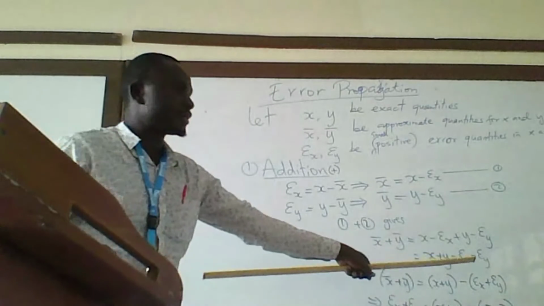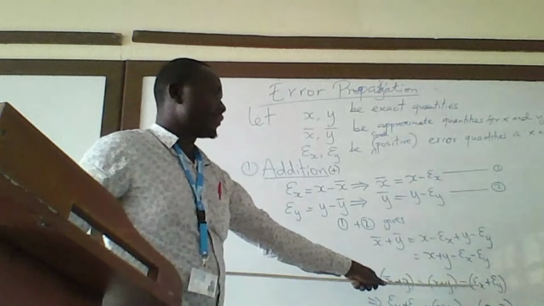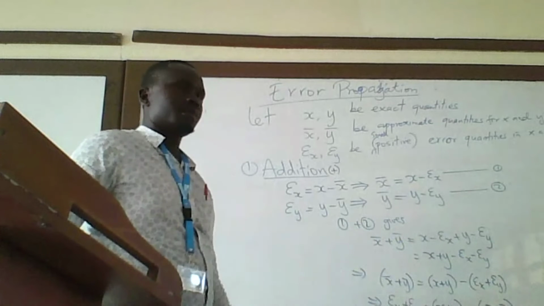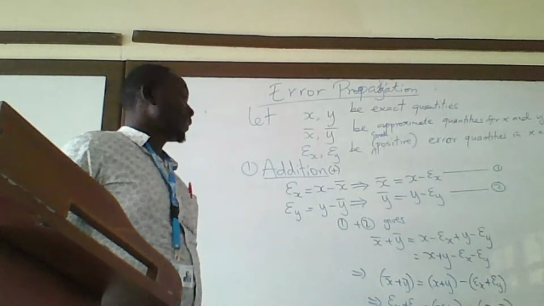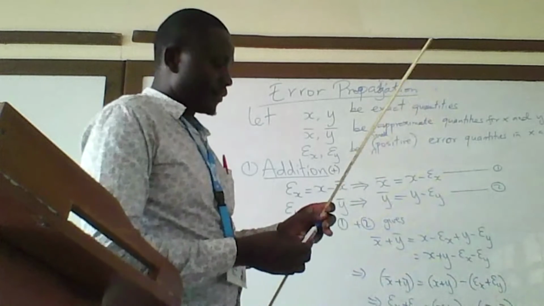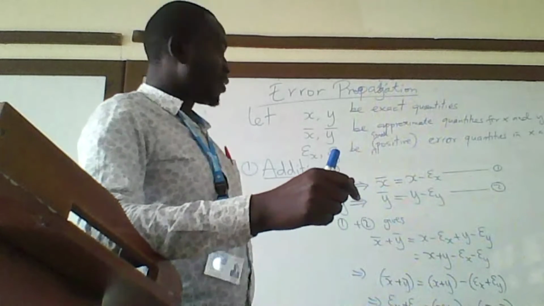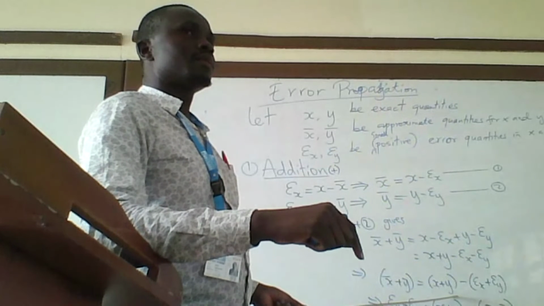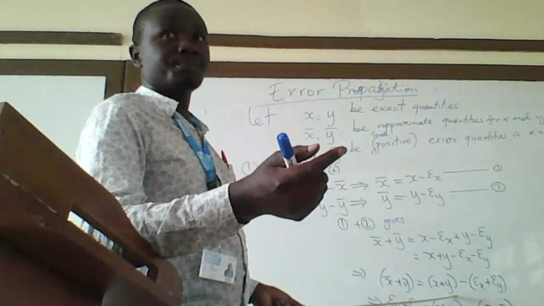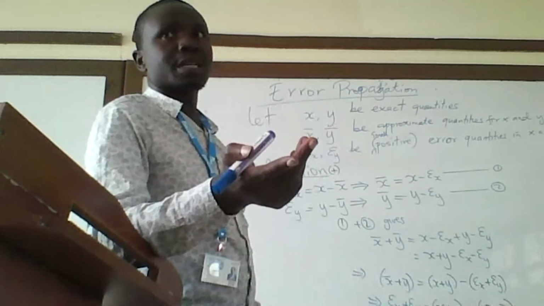If you make this a subject, if you take this to the left, then this is what you have. So these are the sum of exact quantities, the exact sum. Then the sum of approximate quantities, the approximate sum.